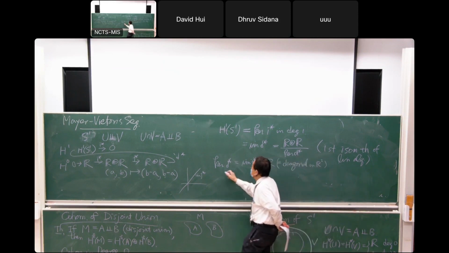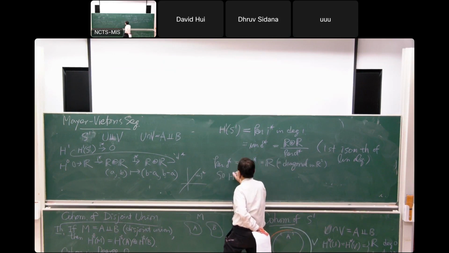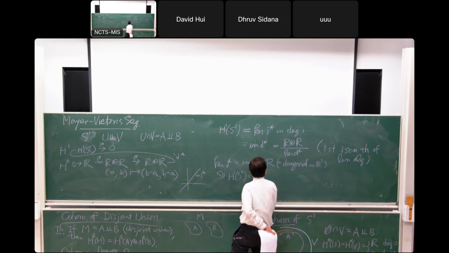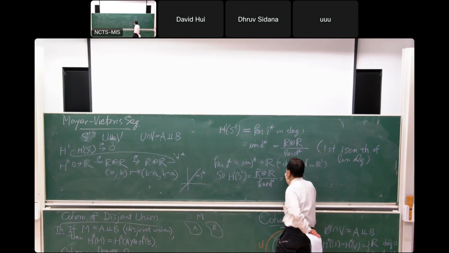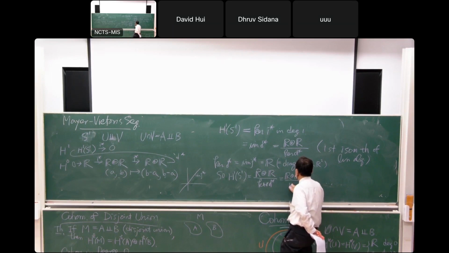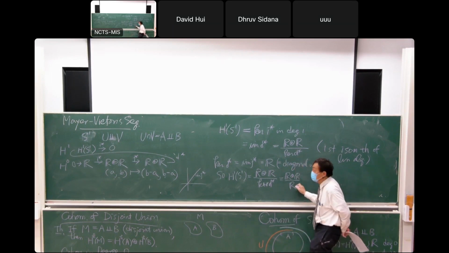And therefore, H1 of S1 is R direct sum R, over the kernel of d star, which is R direct sum R over R. So R2 over R is R. Okay?